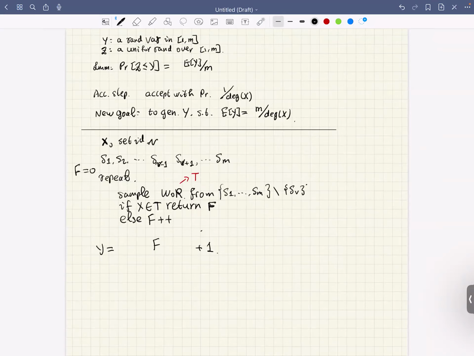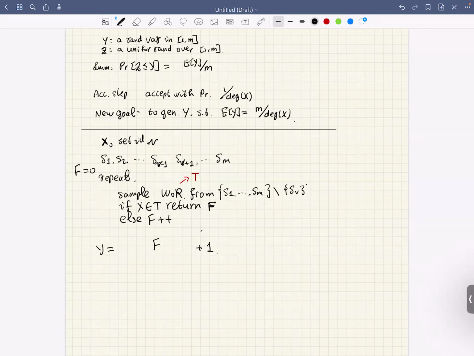If you do this, you can achieve the following. As you can see, the time of generating this random variable really depends on how many samples you take here, because you pay only from here. You have to check this membership, so this is the only thing that you pay.